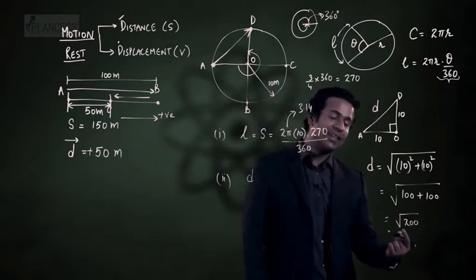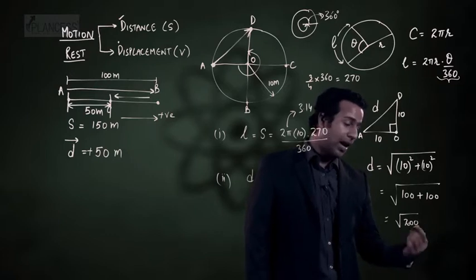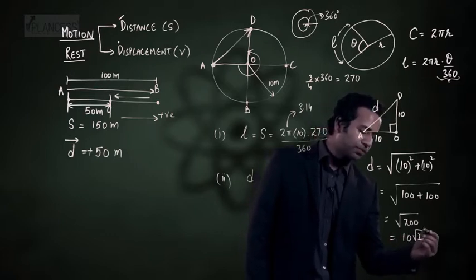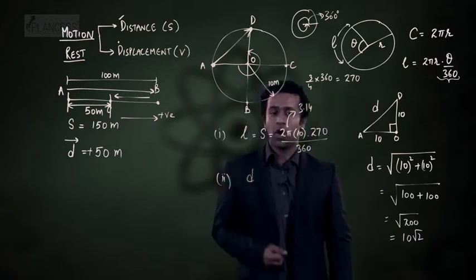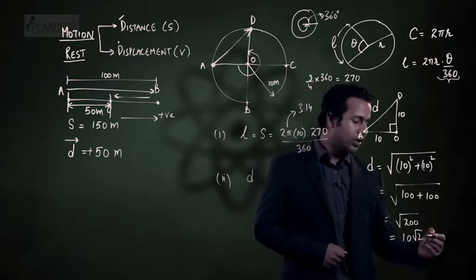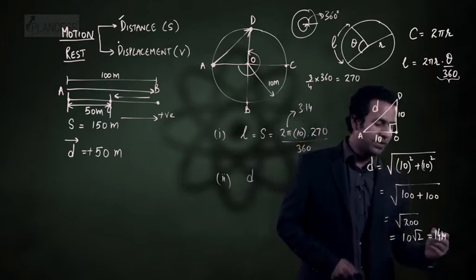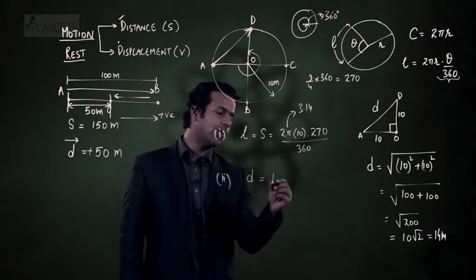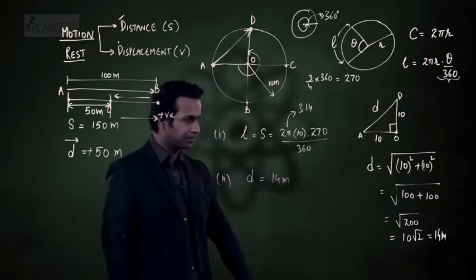Now you can write that as 2 into 100. 100 can be taken out of the root, so you get 10 into root 2. Root 2, we've already discussed, has a value 1.4, so this becomes 14 meters. So the displacement is equal to 14 meters.